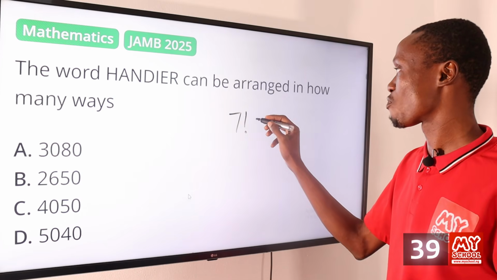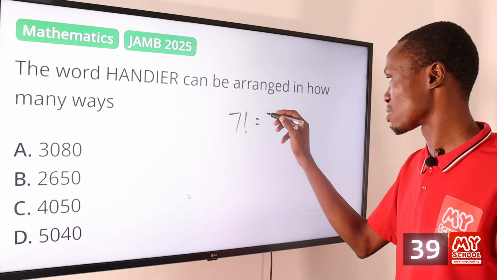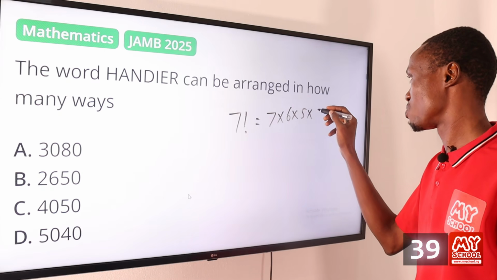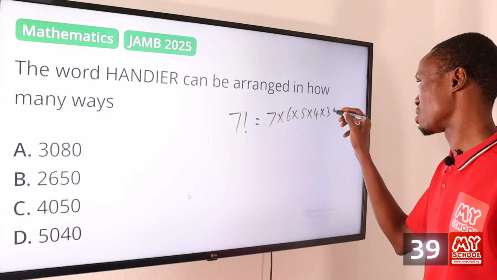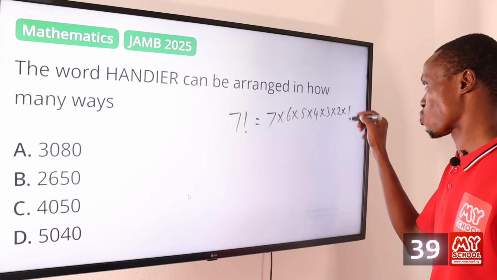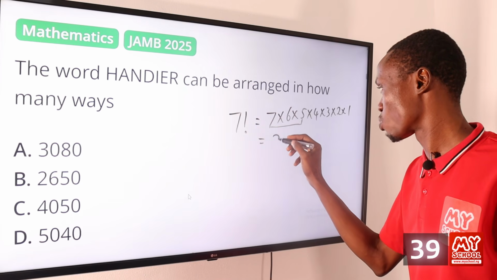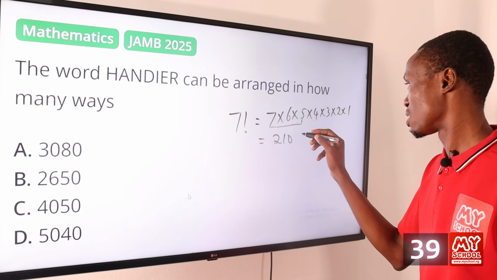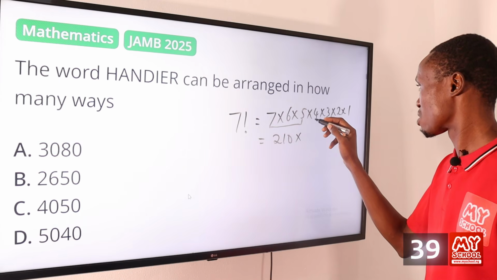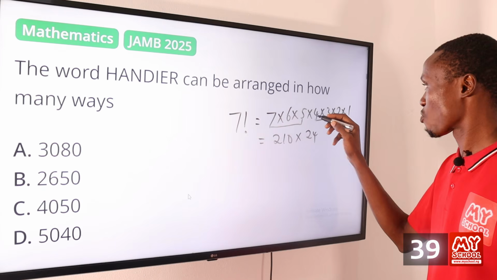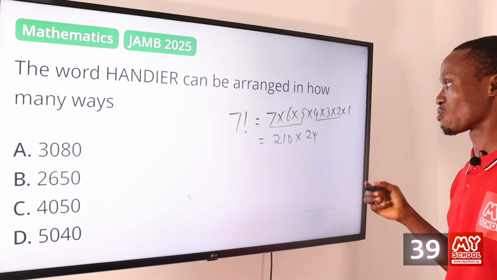So remember that 7 factorial is the same thing as 7 times 6 times 5 times 4 times 3 times 2 times 1, right? So these first 3 numbers will amount to 210, then times, now these last 3 numbers will amount to 24, because 4 times 3 is 12, then times 2 is 24.